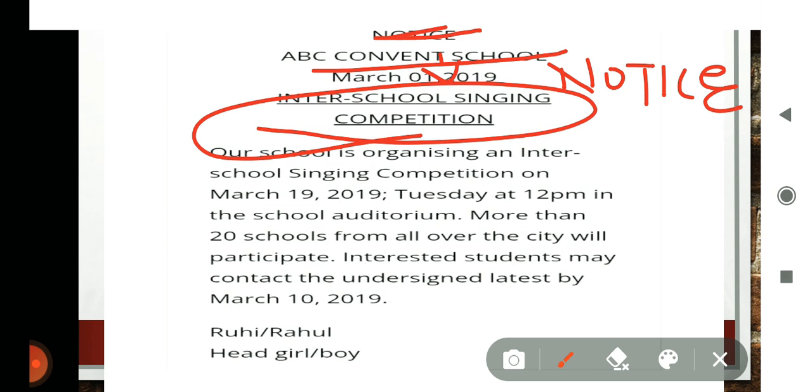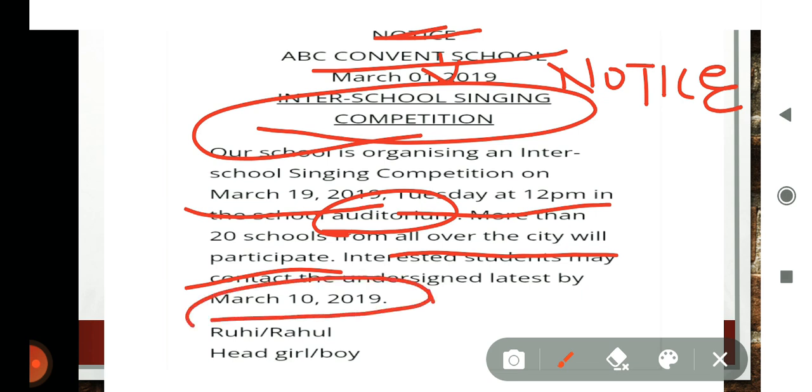Our school is organizing an inter-school singing competition on March 19, 2019, Tuesday at 12 p.m. in the school auditorium. More than 20 schools from all over the city will participate. So interested students may contact the undersigned latest by 10th March 2019.